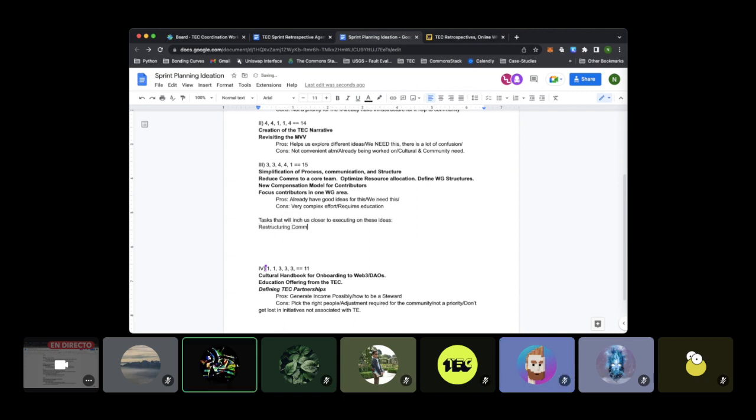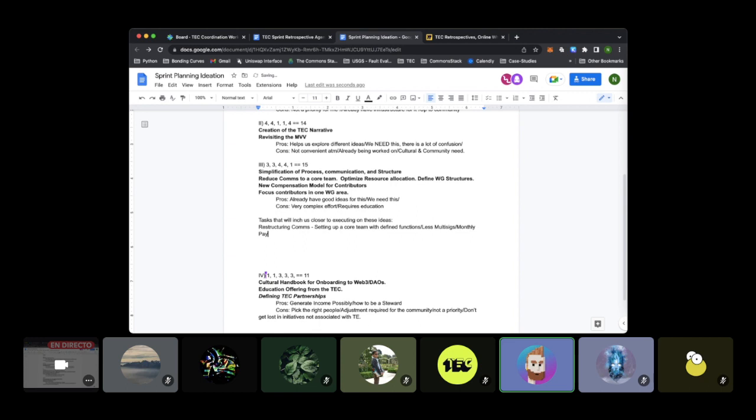How? By setting up a core team, different functions, being transparent about how we're going to be handling the funds, maybe reducing it to fewer multi-sigs for simplicity. I know that monthly payments are already a decision that was made during the last week, so it would be pretty much just restructuring around that.